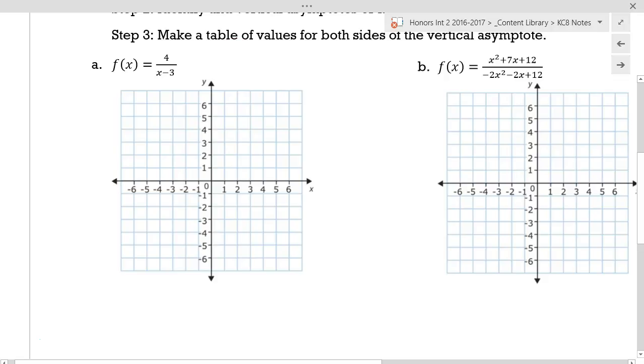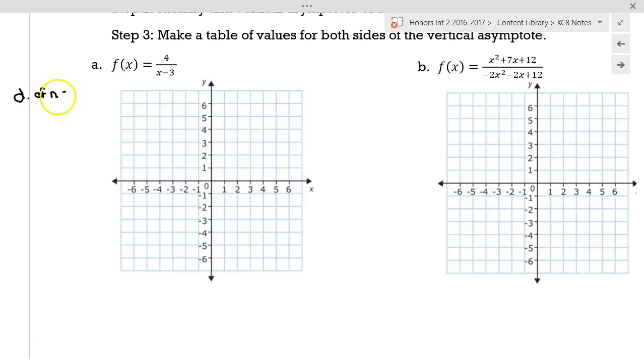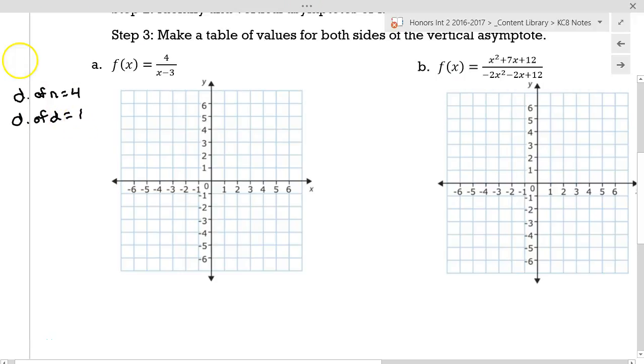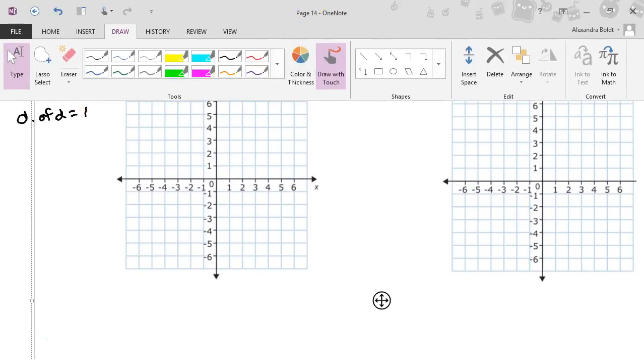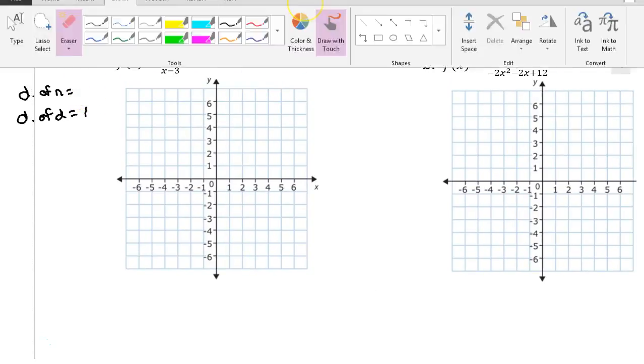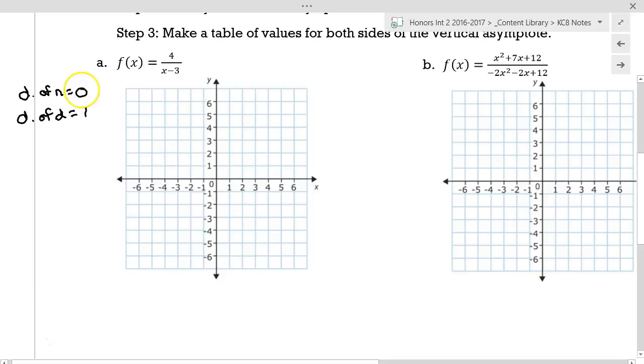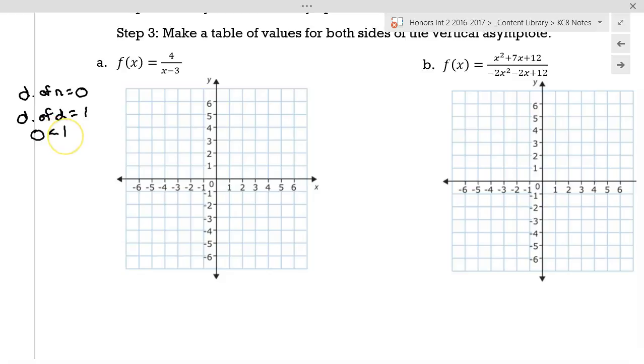Okay? My degree of my numerator equals 4. Degree of denominator equals 1. Sorry. The degree of the denominator does not equal 4. The degree of the numerator equals, there is no x, so it's 0. 0 is less than 1, right?